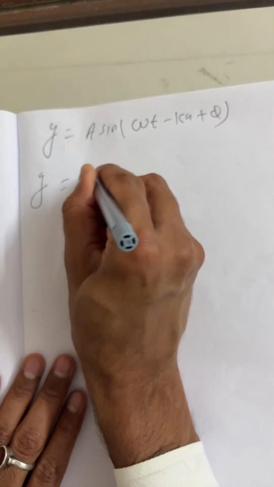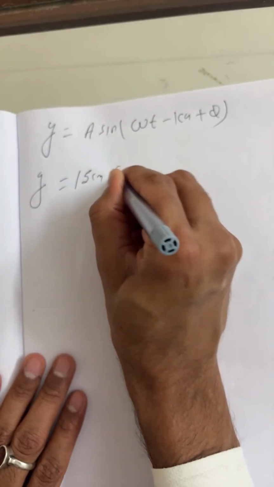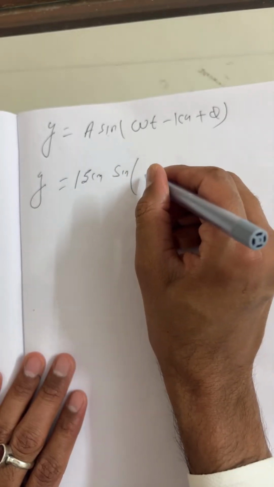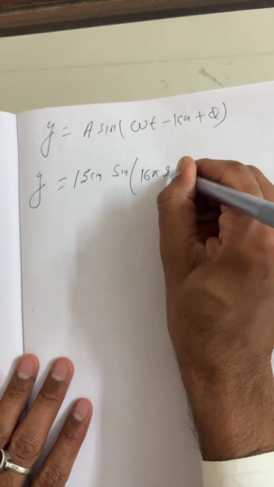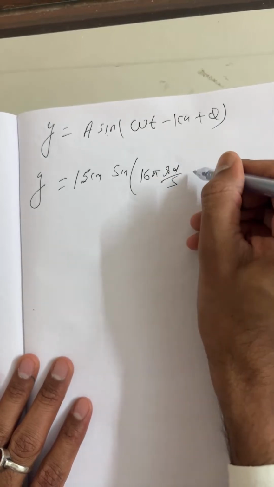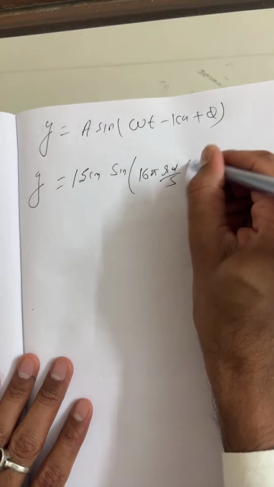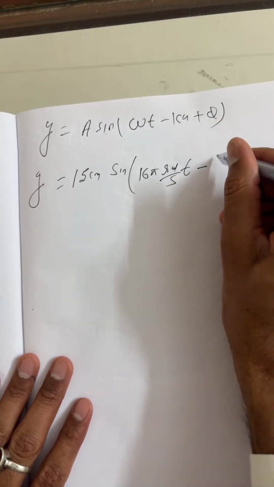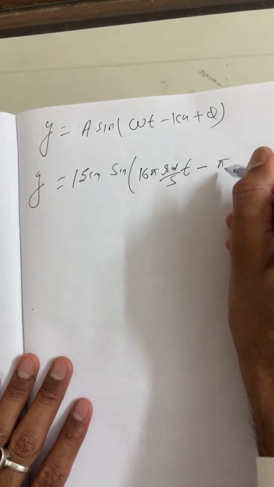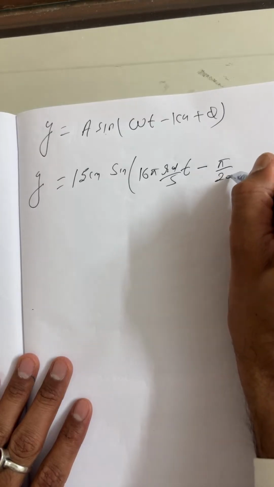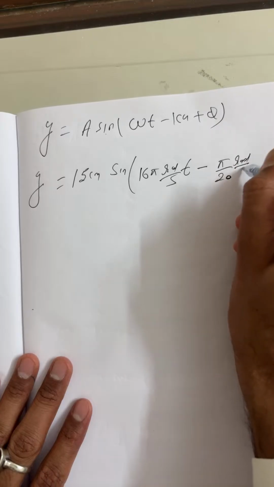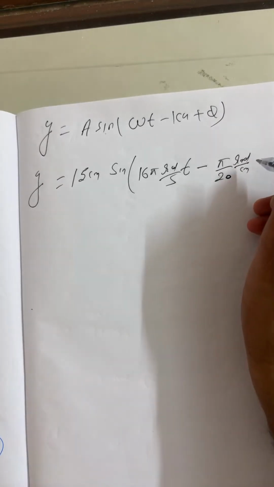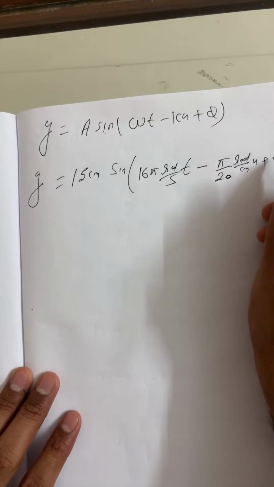So 15 centimeter sine of omega, which we found, 16 pi radian per second, into t, minus k x, how much will you get here in centimeter? Pi by 20, this is radian per centimeter. Omega t minus kx plus pi by 2.